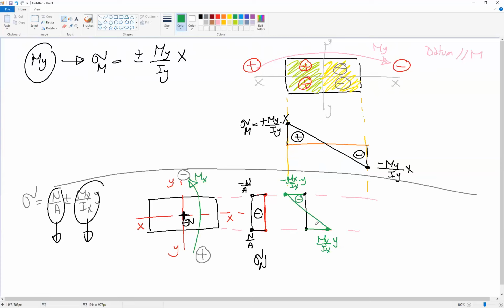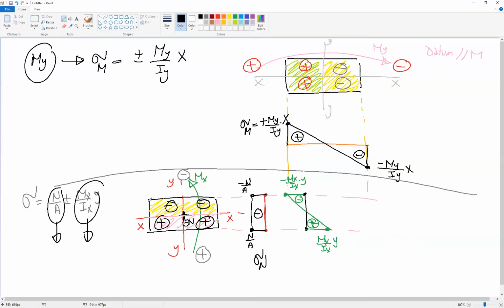This side is under compression and this side is under tension, because again this moment causes tension in one side and compression in the other.